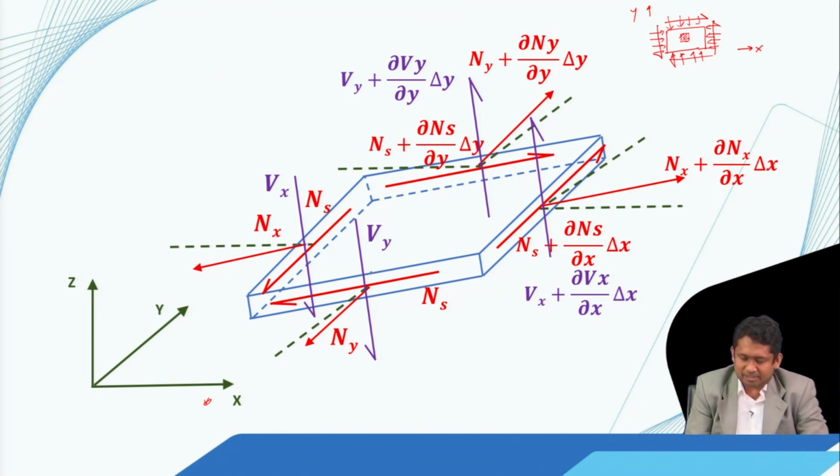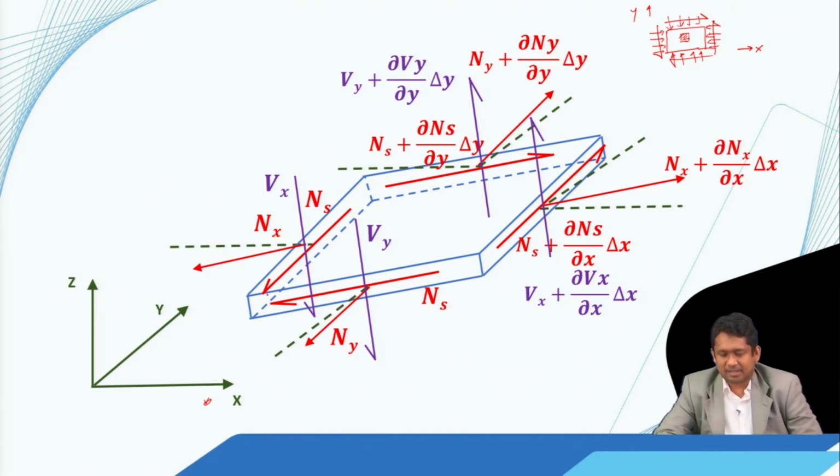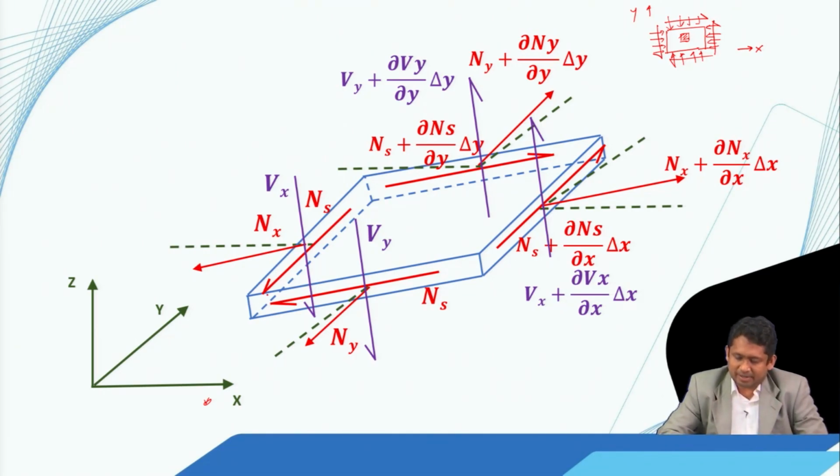We can see that this plate has some inclination with respect to the x axis as well as with respect to the y axis. Now these in-plane forces Nx, Ny, Ns act along the plate. So when the plate is inclined in the deformed configuration, these forces are also inclined.